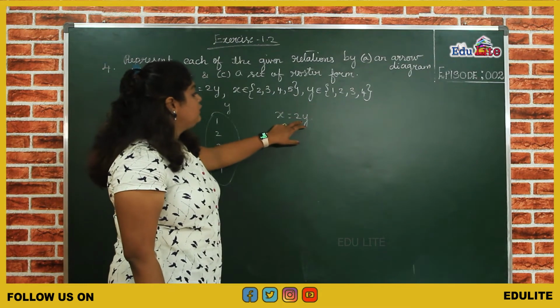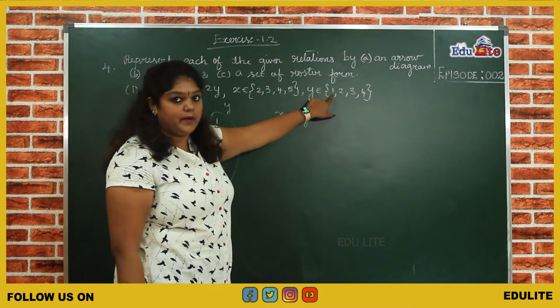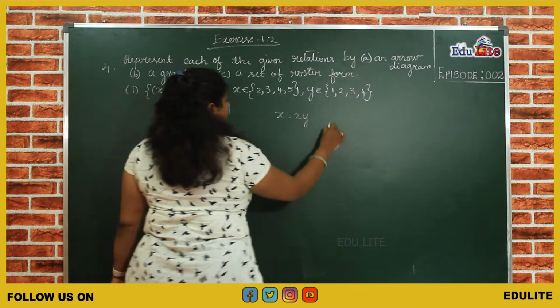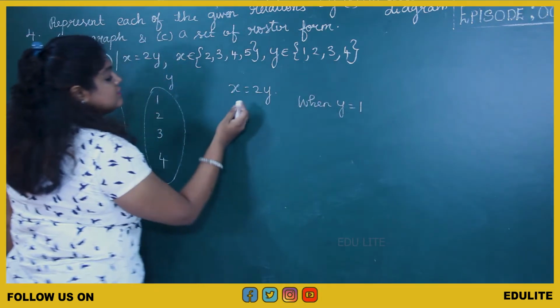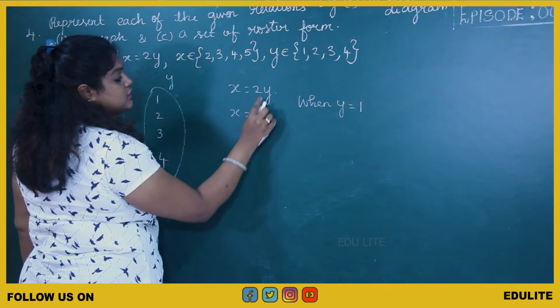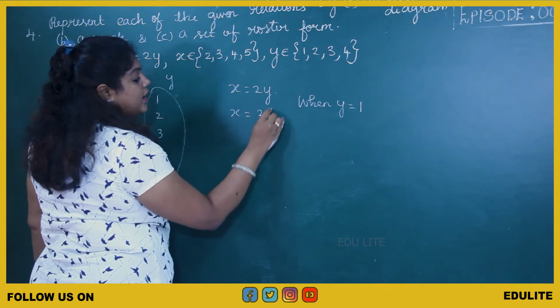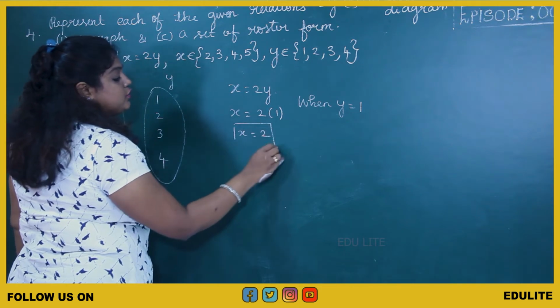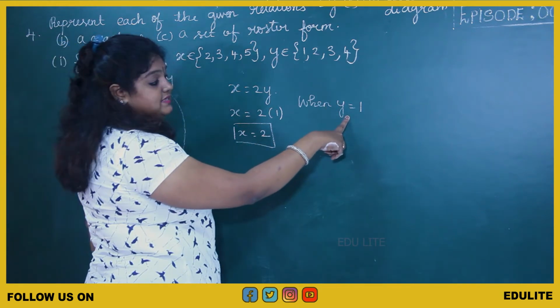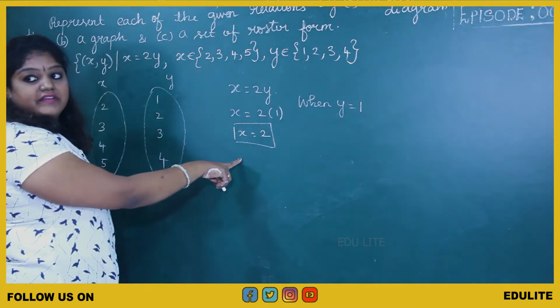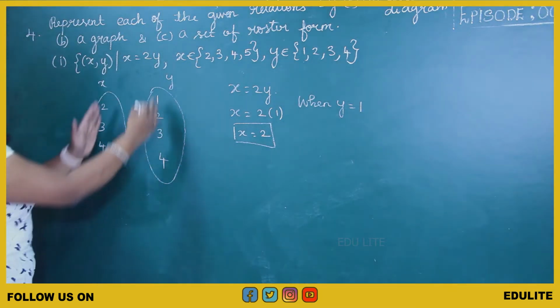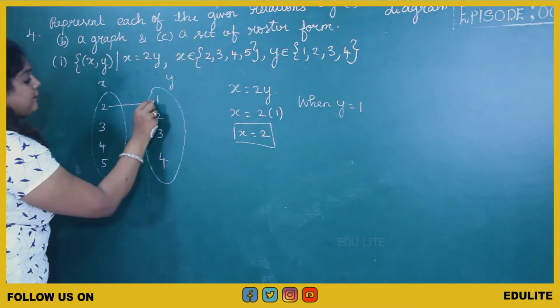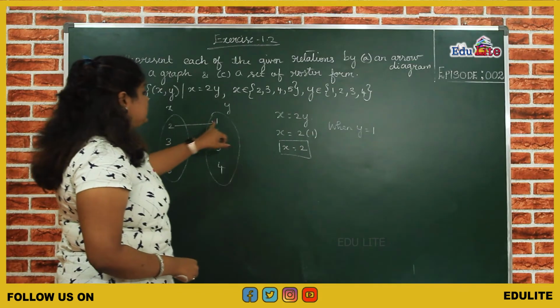First we will take the value of y as 1. So let us substitute it here. X is equal to 2 into 1, we get x is equal to 2. When we took y value as 1, we got the value of x as 2. So in an arrow diagram, 2 is mapped to 1. So the first one is over.